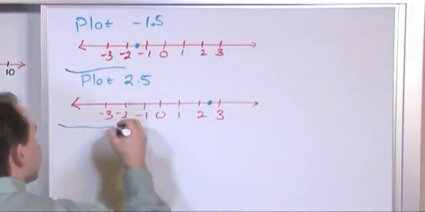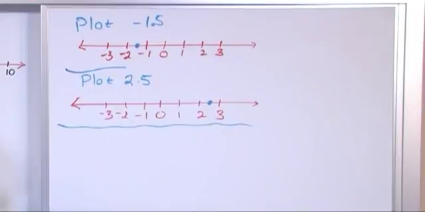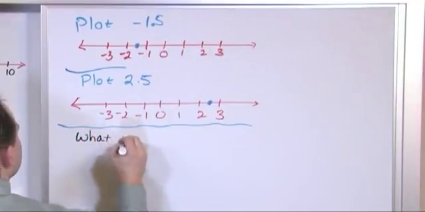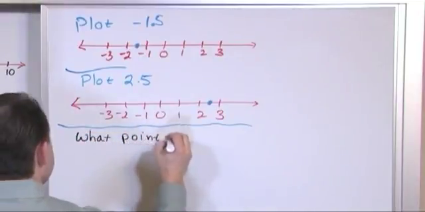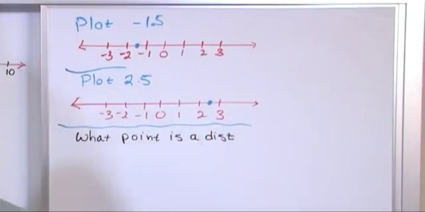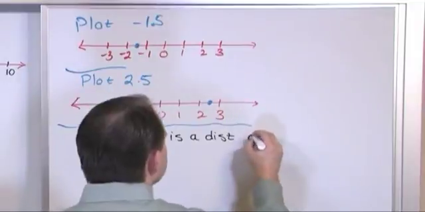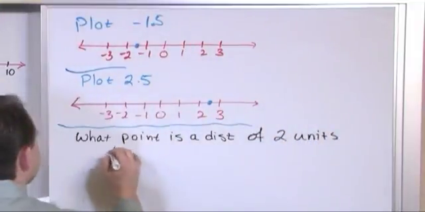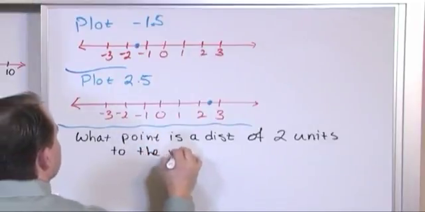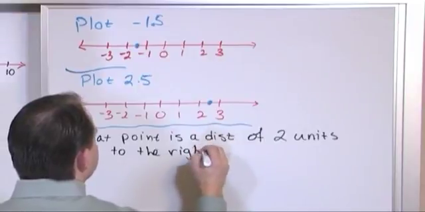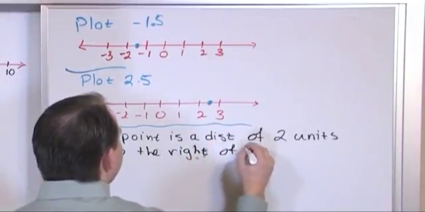Now let's do a little different kind of problem just to get some practice with the number line. Let's write something down. What point is a distance, that's what dist means, a distance of 2 units to the right of the point A?